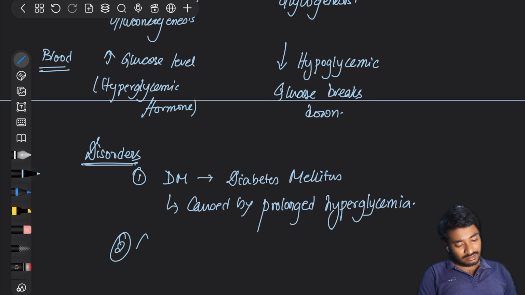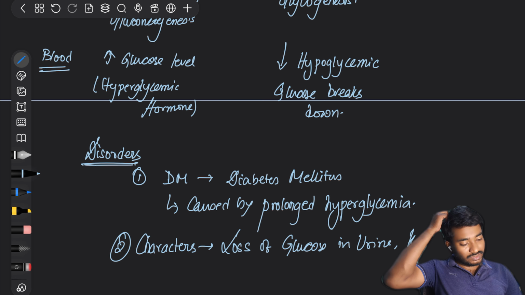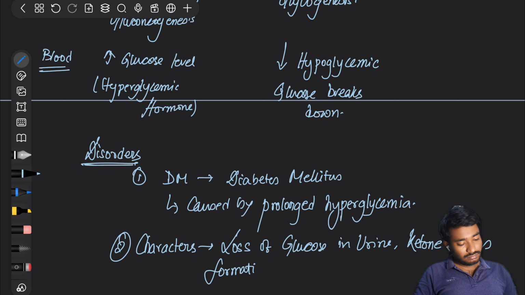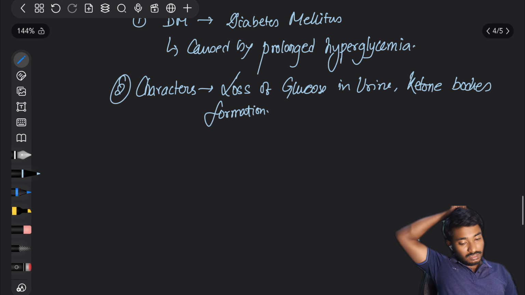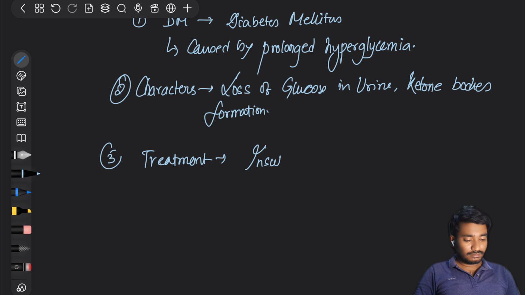Its characteristics: loss of glucose in urine, ketone bodies formation. Treatment: insulin therapy.